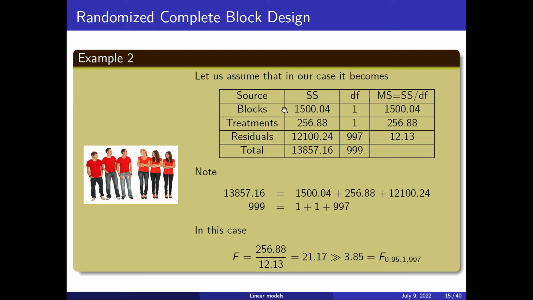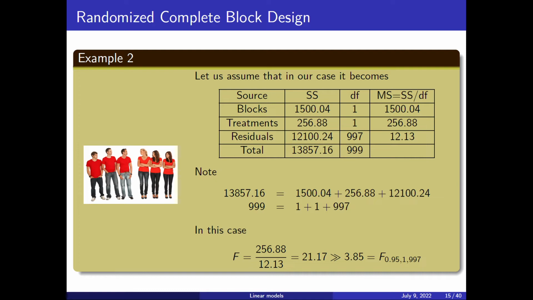And then this sum of squares has been taken out from the sum of squares that I could not explain. So before, because I didn't consider gender, I was not able to explain part of the variability, and I assigned it to the person.